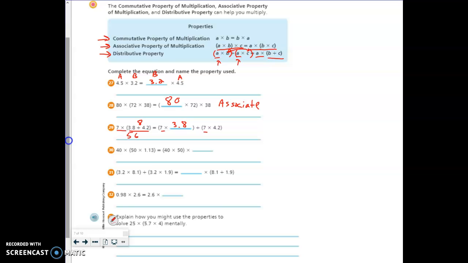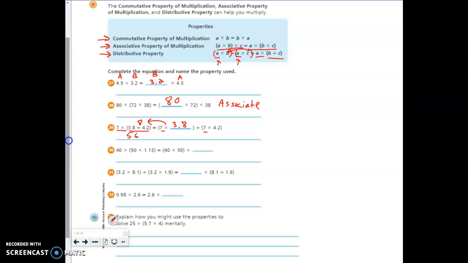Or I can solve it this way by doing the 2 separate decimal problems, 3.8 times 7 and 4.2 times 7, and still end up with an answer of 56 when I combine those two answers. All right, so not a major change, but it can become an easier problem if I'm doing the first version here. I can make that an easier problem by combining the terms, leaving the like term out, and then multiplying it at the end.